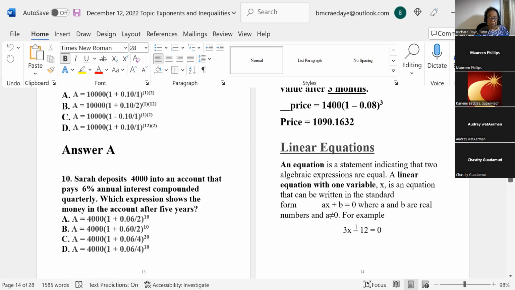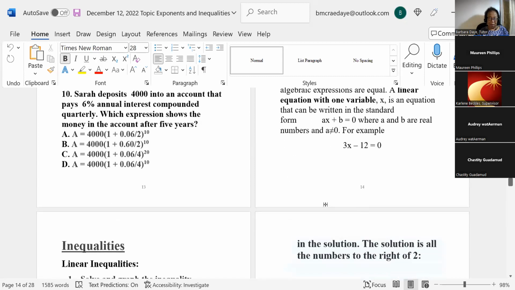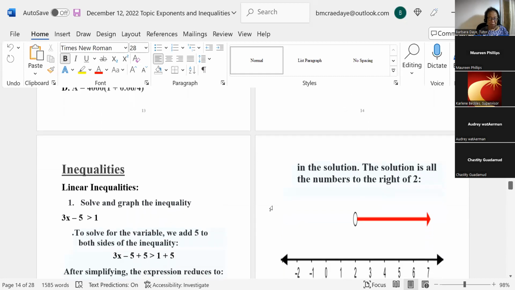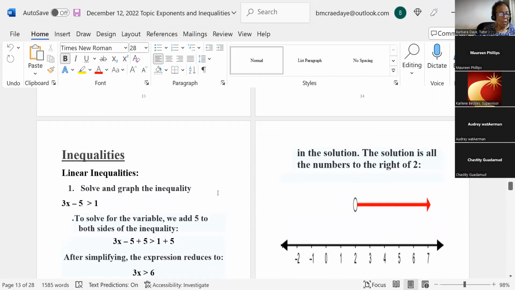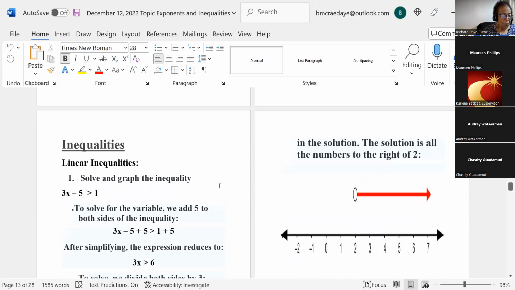And here, this is in that format: 3x minus 12 is 0. 3 is your a, and b is your minus 12. Okay, now we want to look at some inequalities and graph them.